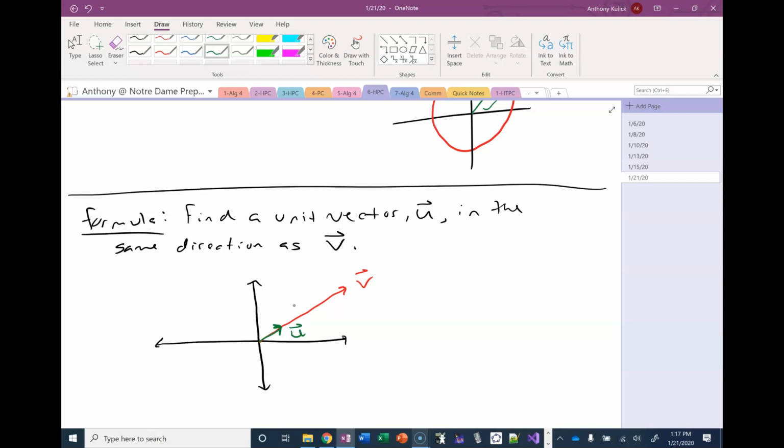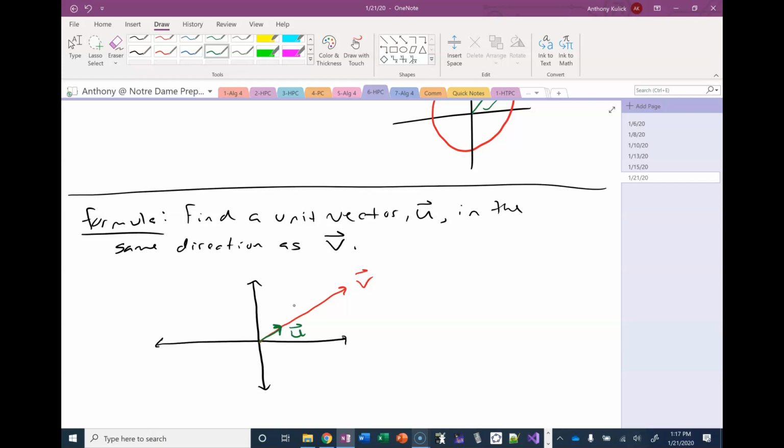Has the direction changed? Has the magnitude changed? Yes. Do we know of an operation that leaves the direction the same, but changes the magnitude? Scalar multiplication, right?